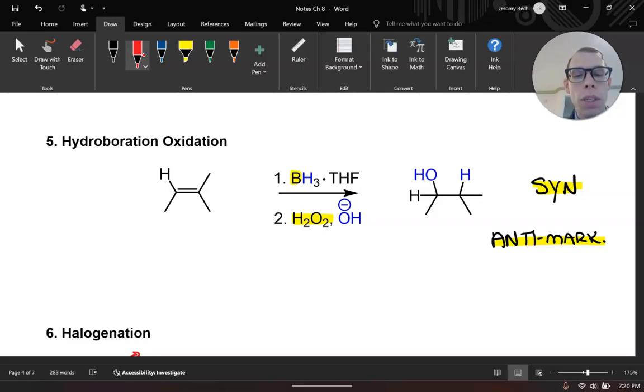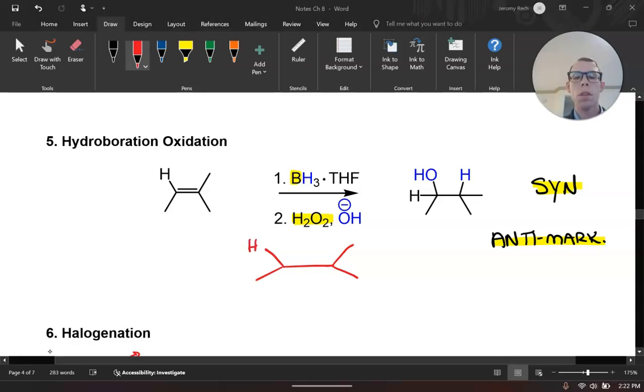Now, for this, what's going to happen is your BH3 is going to be added to your double bond, kind of like your mercury, but rather than forming a triangle, it's going to kind of form like a square. So our key reactive intermediate is going to, and our BH3, and there's a variety of different BH3s that we can add.